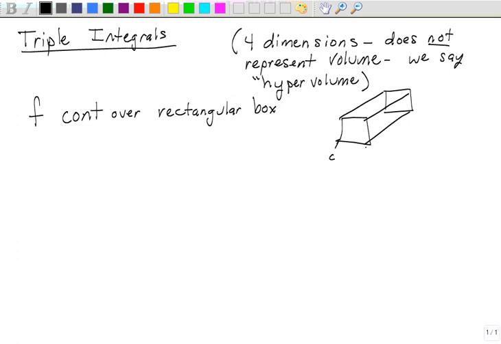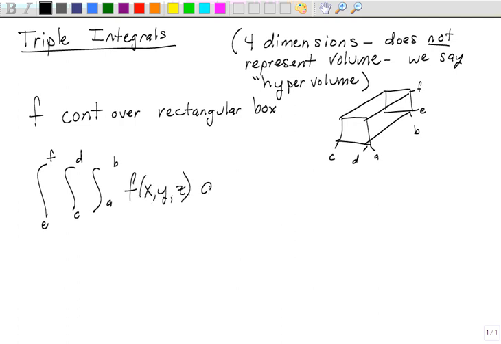So this is from c to d, this will be from a to b, and the x's and the z's are from, say, e to f. So we're just going to integrate a to b, c to d, e to f of f(x, y, z) dx, dy, dz.